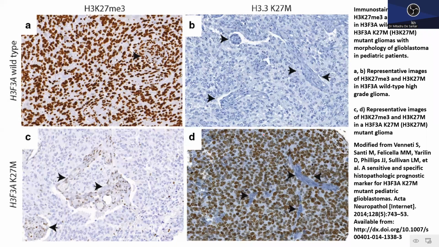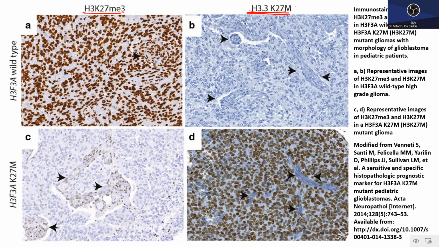Now, the importance of assessing for this particular mutation is that it helps to segregate the morphologic mimics. But before that, let's talk a little bit about the other histone that we talked about initially, that is the trimethylated histone. I've already told you that with increased expression of the H3K27M mutant histone, you have a corresponding reduction of the normal trimethylated histone.